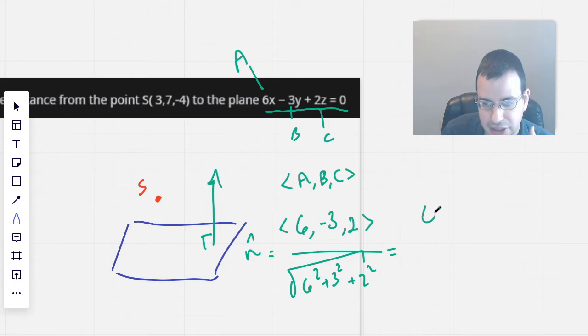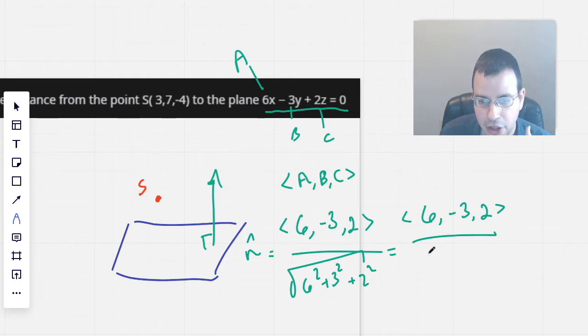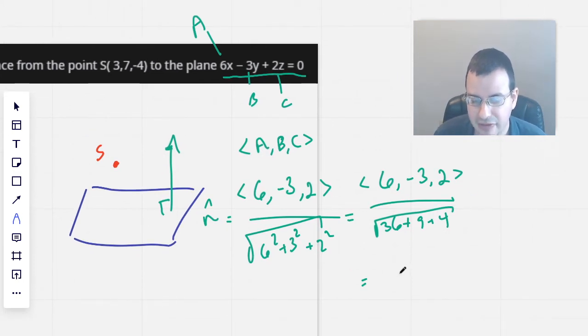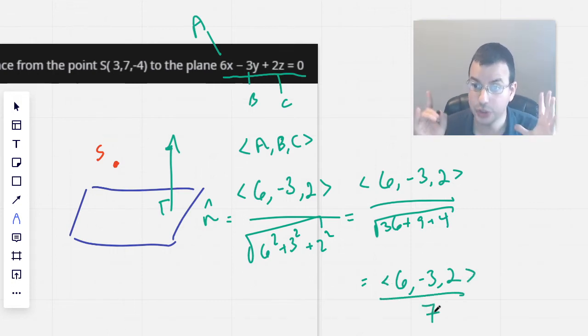So we have 36 plus 9 plus 4. 36 and 9 is 45, 45 plus 4 is 49. The square root of 49 is 7. So we have (6, -3, 2) divided by 7, which is convenient.